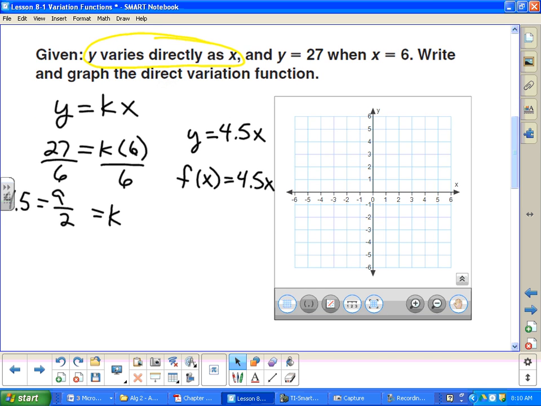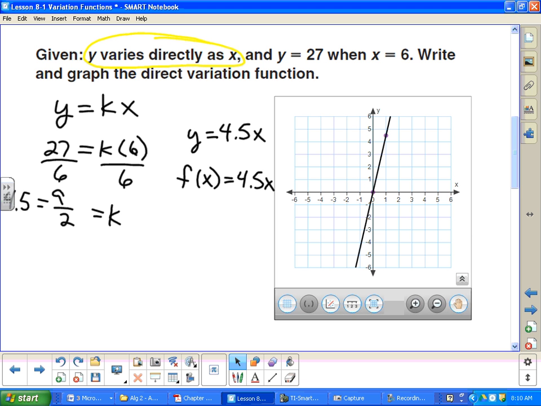the graph of this is just a line. It has a y-intercept of 0 because all direct variations have a y-intercept of 0. And it has a slope of 4.5. And so we just draw our line through it.